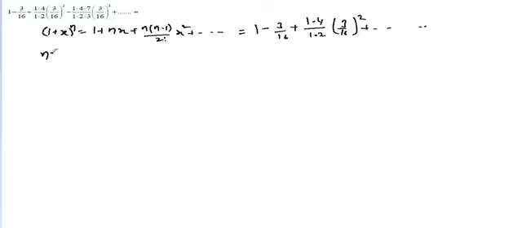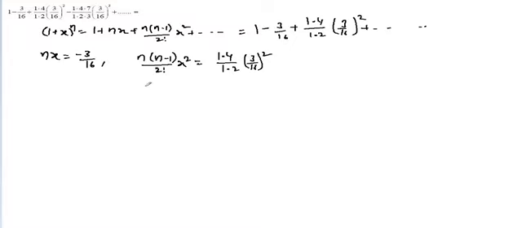Equating these two, that is nx is equal to minus 3 by 16 and n into n minus 1 by 2 factorial into x square is equal to 1 into 4 by 1 into 2 into 3 by 16 whole square.